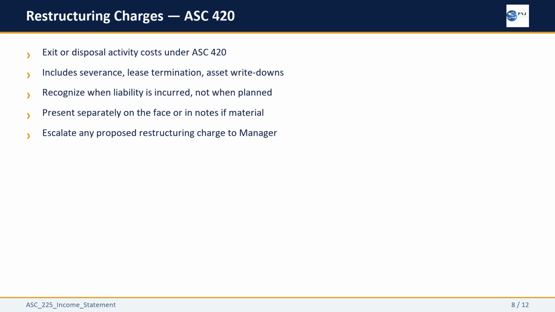The announcement alone does not create a liability. If the amount is material, restructuring charges should appear as a separate line item on the face of the income statement or be fully disclosed in the notes. Any proposed restructuring charge should be escalated to your manager before recognition.